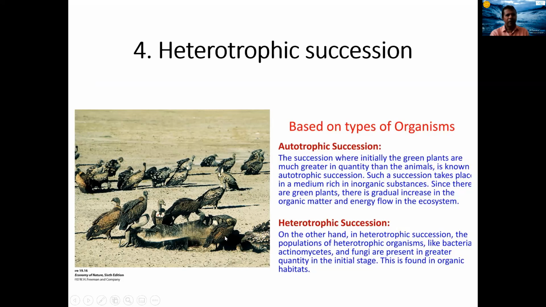So in a dead body, there will be new bacteria coming in, and maybe some insects likewise. So there will be another community developing on that organic body, right? So that is a sort of heterotrophic succession. Of course, this kind of succession won't last long. But anyway, there can be some animal succession as well.